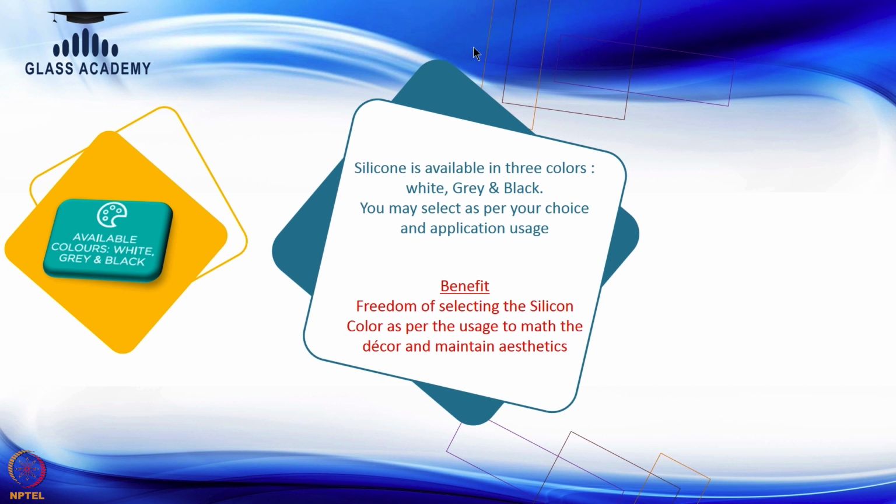The second category, like grey and white, is mostly used in back painted glass. When we are going to fix a mirror or a back painted glass, we can use this white and grey category. Clear silicone is mostly used when the clear glass is being fixed, so that clear silicone will match the clear glass and will maintain better aesthetics.